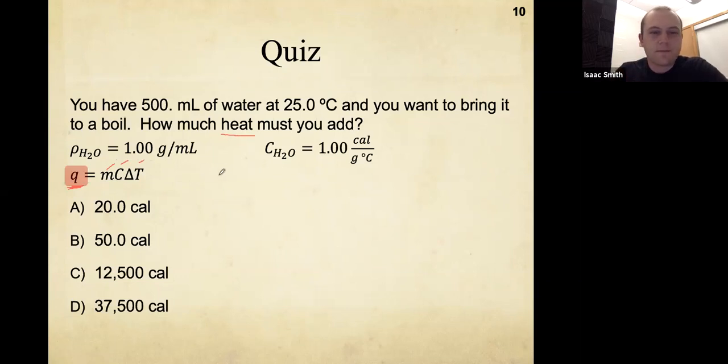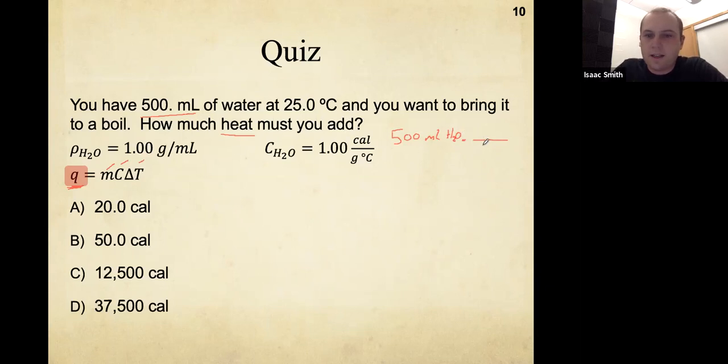All right. So first let's look for the mass. We are given the amount of water in volume. So this time we're going to have to convert the volume to grams. We can take 500 milliliters of water and convert it into grams of water using rho, or the density here.